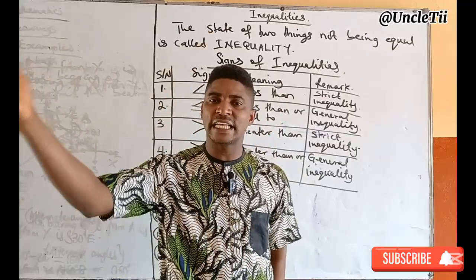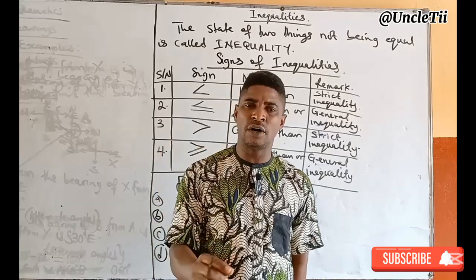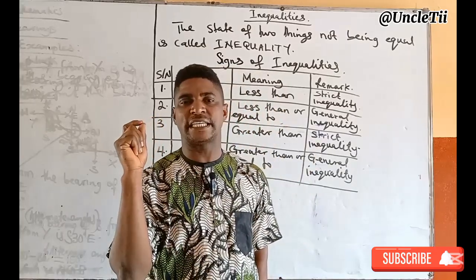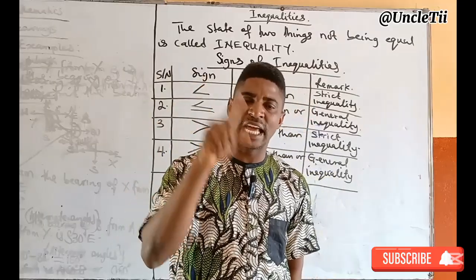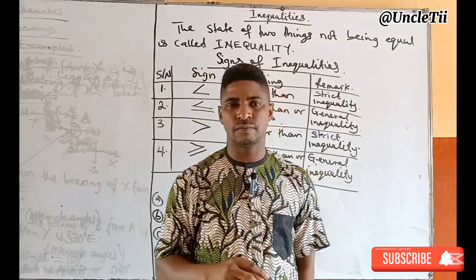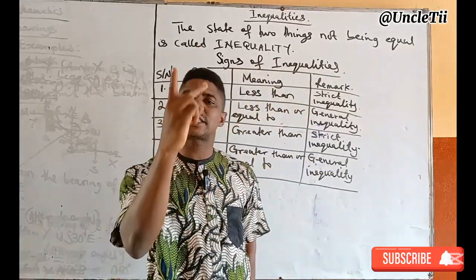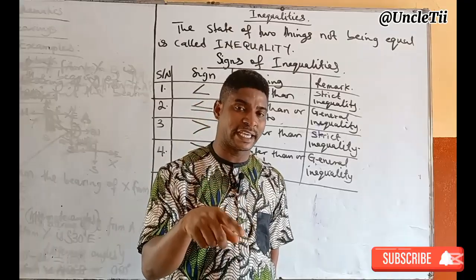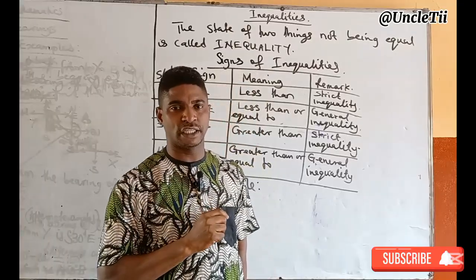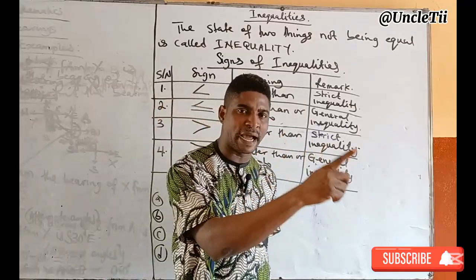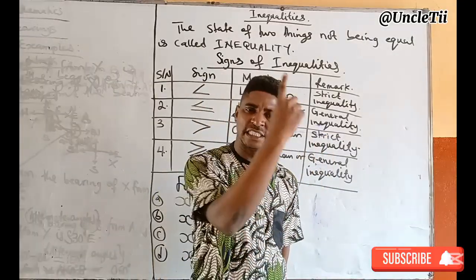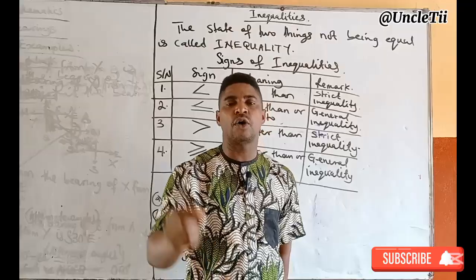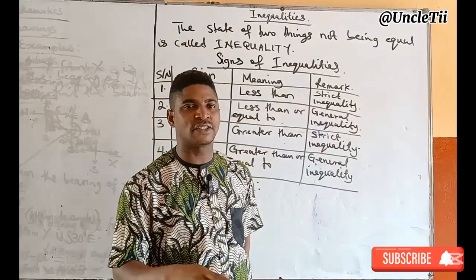If the sign were greater than or less than before, the moment I divide both sides by that negative constant, the sign will change to less than or equal to. There are two extra cautions that you must take in working with inequalities. Multiplication by a negative constant changes the sign, and division by a negative constant also changes the sign.